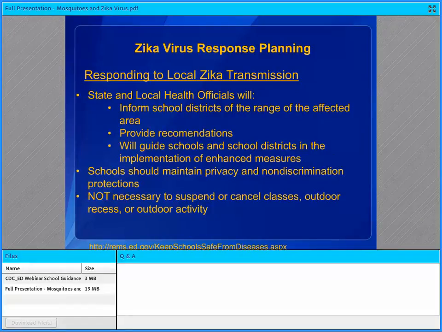So what if you live in an area where you have local mosquito transmission of Zika? Your state and local health officials, your county and city health officials, are going to be working closely with schools. Anytime that children are involved in a public health issue, that is put at the forefront and usually made quite a priority.